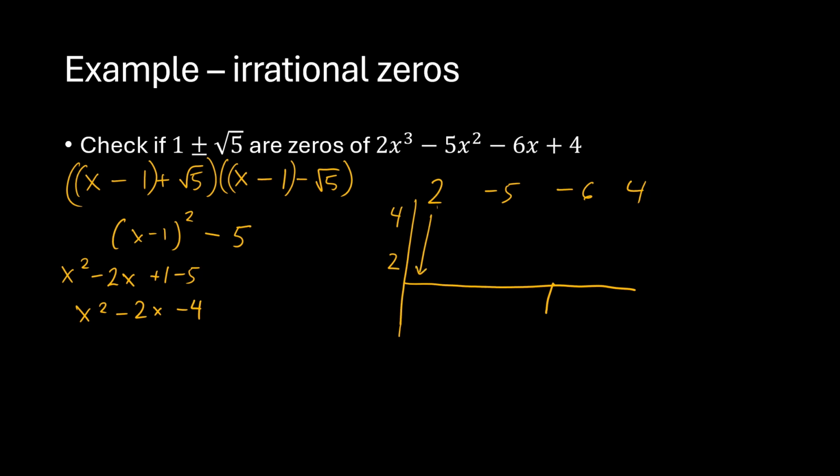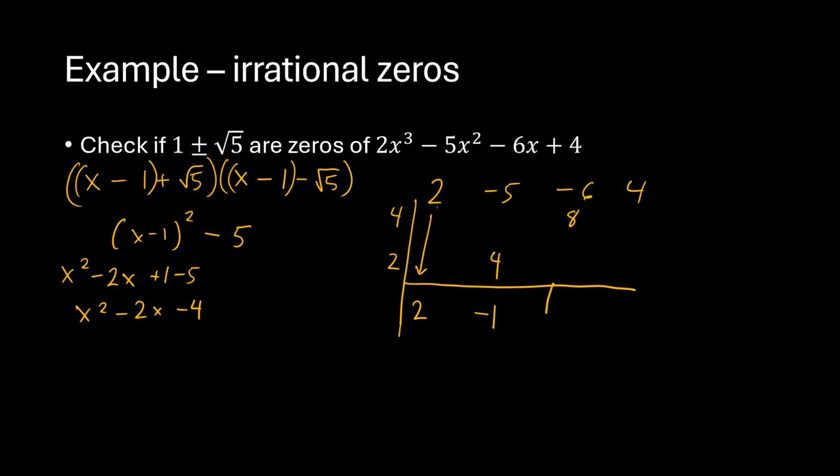Bring down the 2. Multiply at the diagonal, so that would be 4 and then 8. Add the column, so negative 5 plus 4 is negative 1.